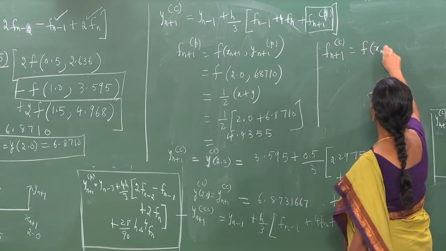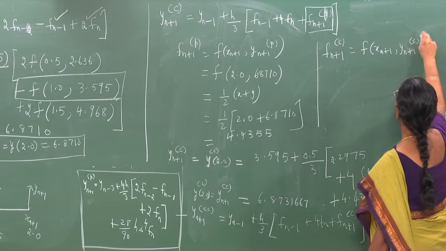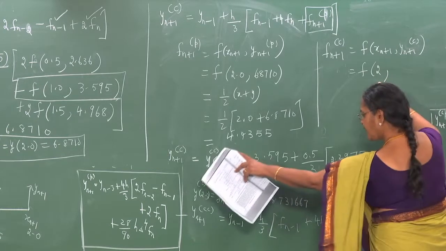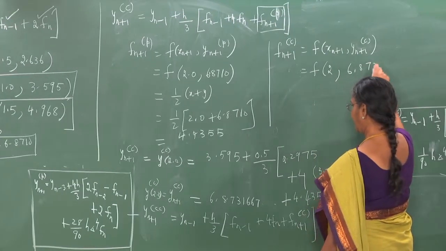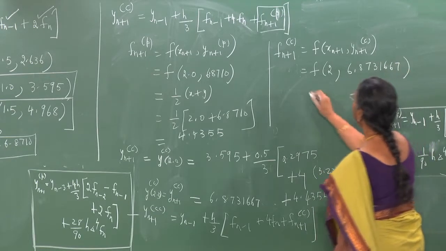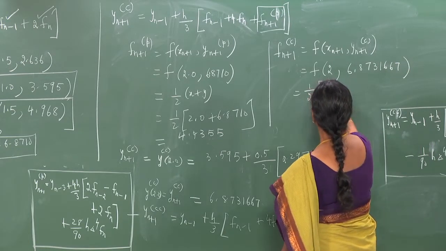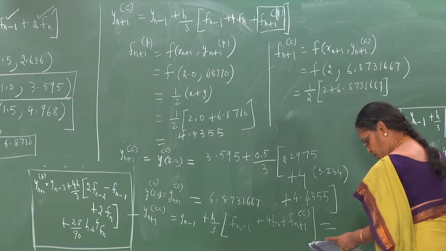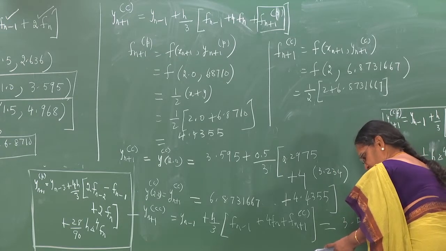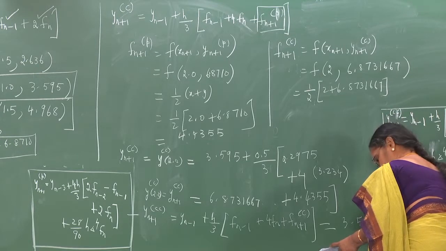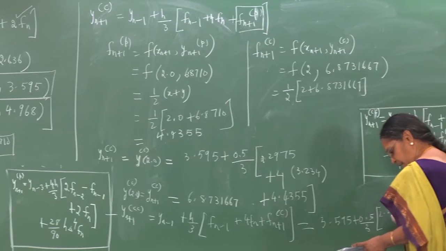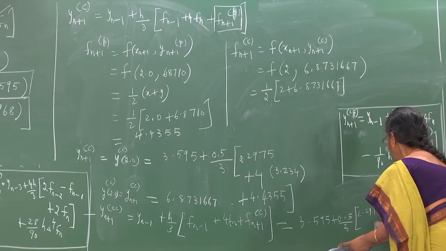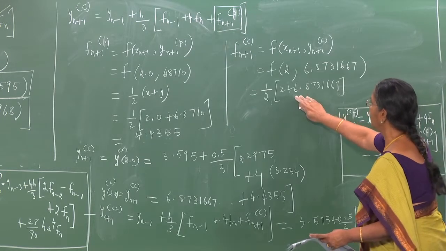So, it is f of xn plus 1, yn plus 1 first corrected value, namely it is f of 2 and the first corrected value is 6.8731667 and that is half of 2 plus 6.8731667. So, that will give you 3.595 plus 0.5 by 3 into 2.2975 plus 4 into 3.234 plus the value which you have got here. What is it?